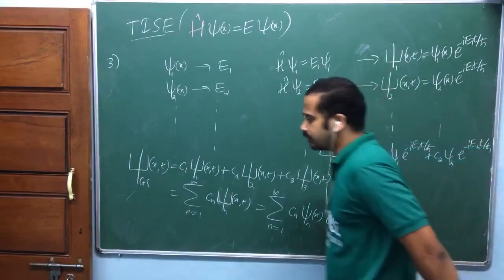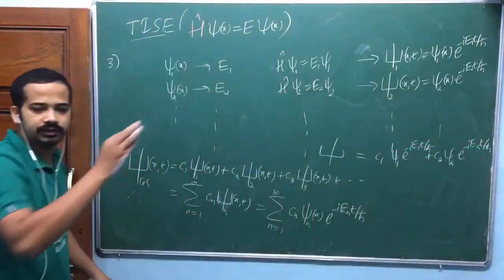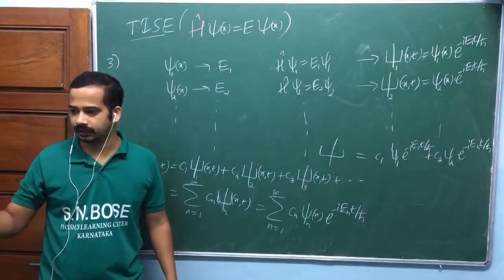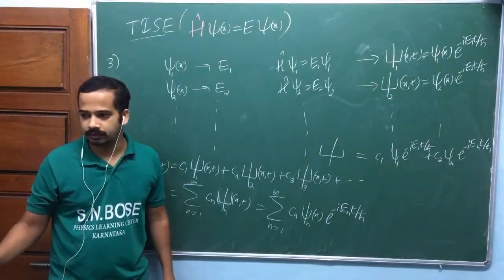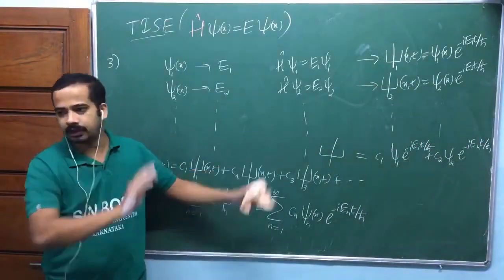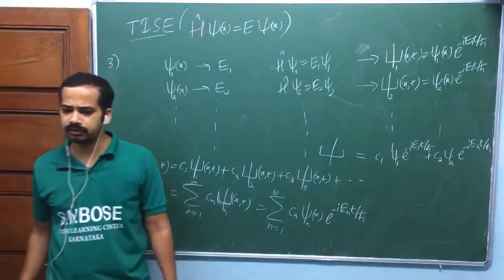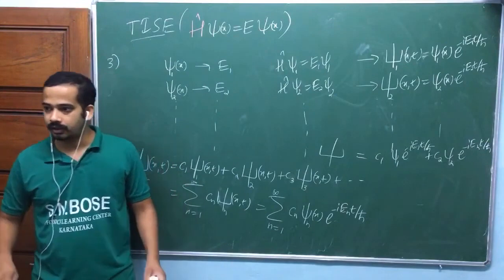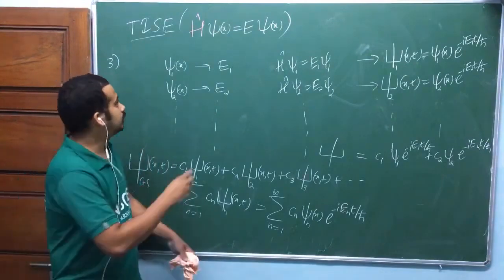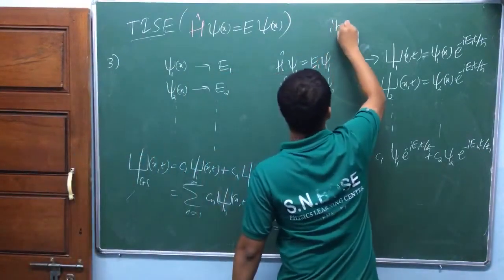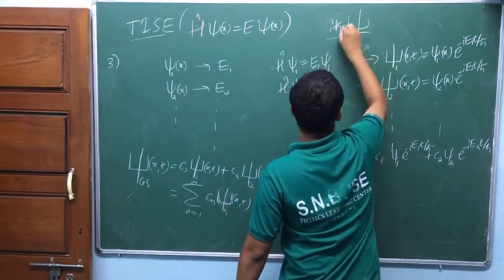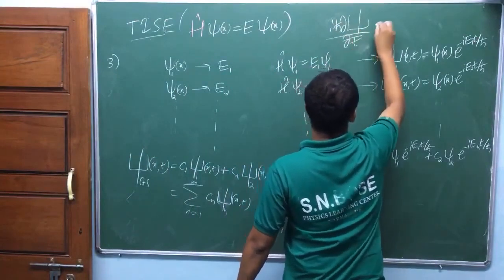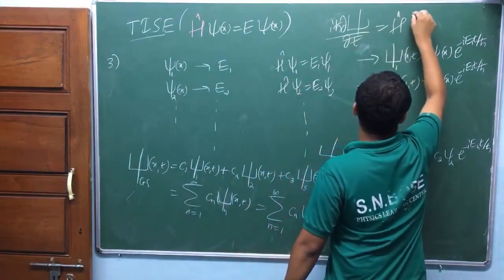And one more thing is, any solution of the Schrodinger equation is a possible state. You take it like that. It's a theorem. Any solution of the time dependent Schrodinger equation is a possible state. Now, again, this equation is there: i h bar dou psi by dou t is equal to H cap into psi.